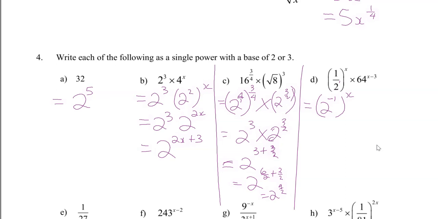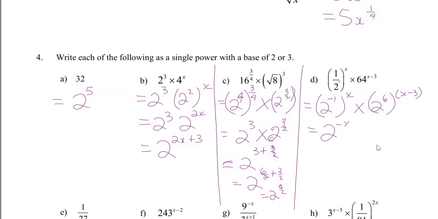So instead of 1/3, we can write it as 3 to the negative 1. And then 64 is 2 to the 6th, to the x minus 3. So anytime I've got a binomial, two terms, make sure it's in brackets so that we remember to do the distributive law here.